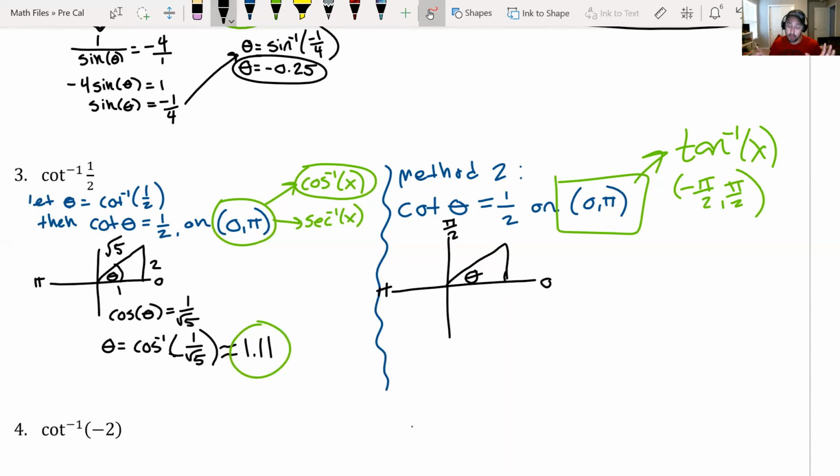Since they share a quadrant, I'll just come down here. I'll rewrite this again. Cotangent theta equals 1/2. Now by identities, this becomes 1 over tangent theta equal to 1/2.